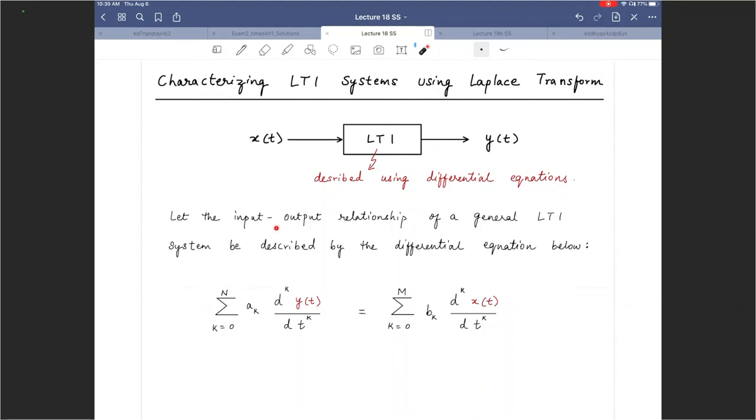So let the input and output relationship of this general LTI system be described by a differential equation. Here we are considering a very generic differential equation.